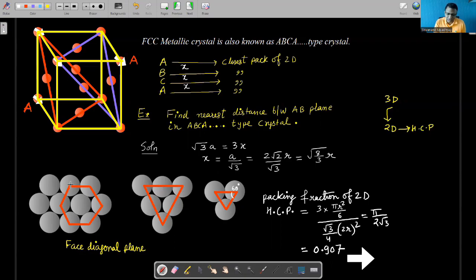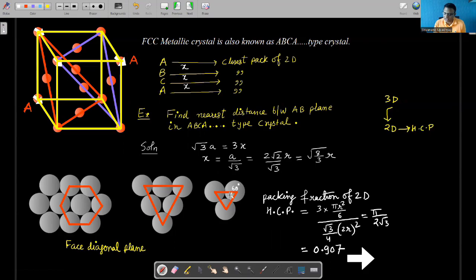This structure is coming from this 2-dimensional hexagonal packing. So if I want to calculate the packing fraction of 2-dimensional hexagonal packing, I can take a triangle, because this regular hexagon can be formed by repeating this equilateral triangle 6 times. So the packing fraction of 2D is equal to, because there are these 3 spheres and in this triangle each sphere contributes 1/6, as the angle is 60 degrees.